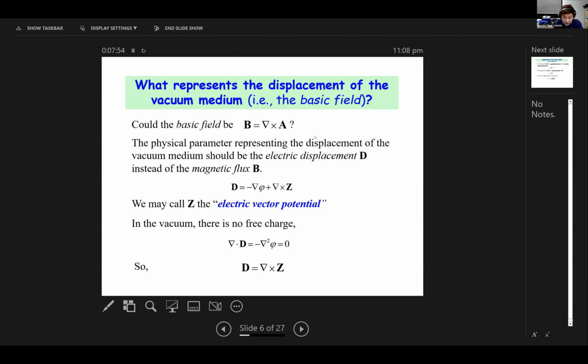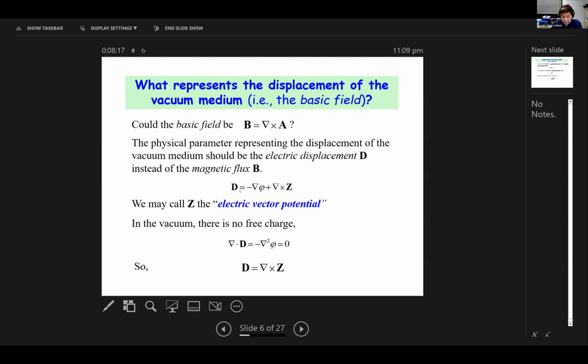Therefore, the vacuum must be composed of different electric charges, but not different magnetic charges. So the physical parameter representing the movement or displacement of the vacuum medium must be related to the electric displacement D instead of the magnetic field.